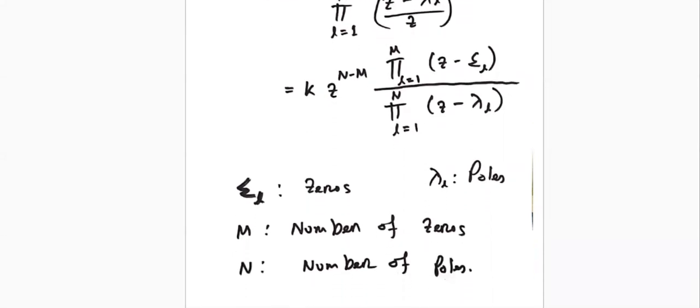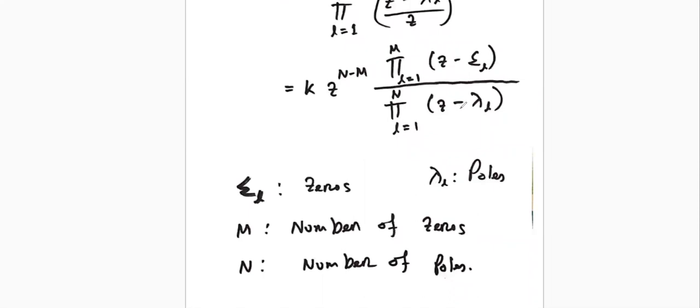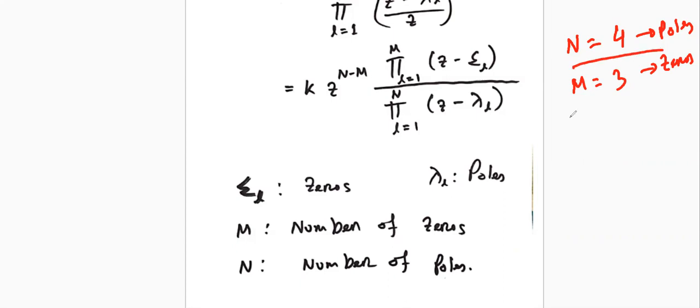For example, let's say N equals 4 and M equals 3. That means we have four poles and 3 zeros. Put it in the equation. Okay, we have found this.